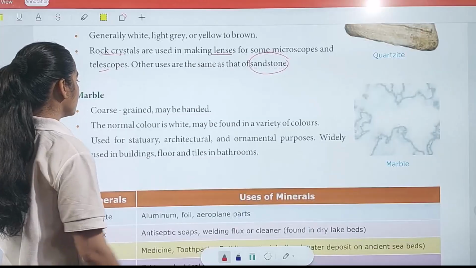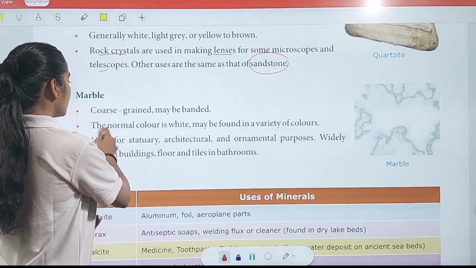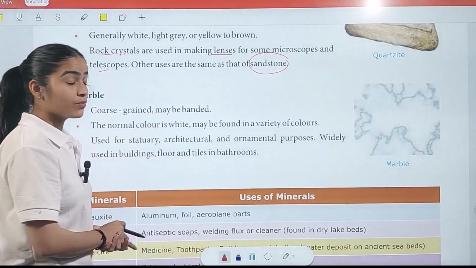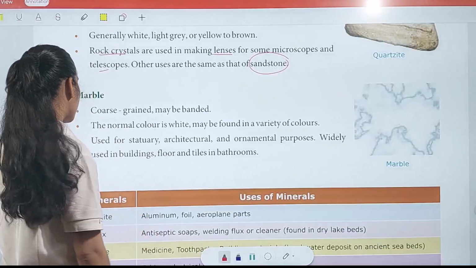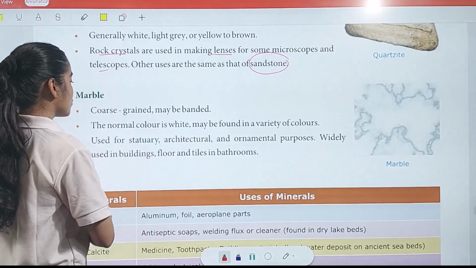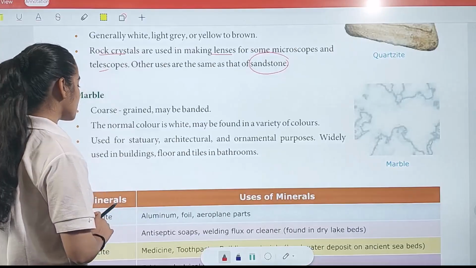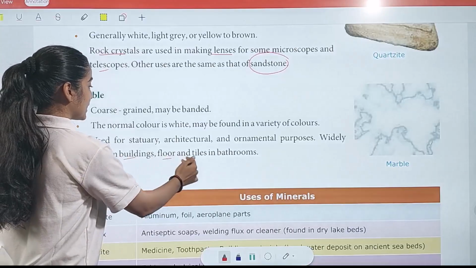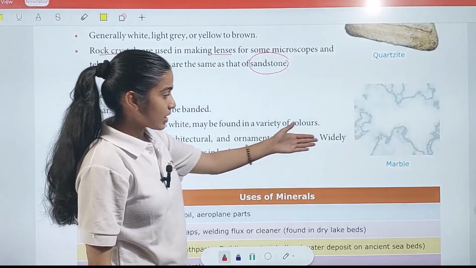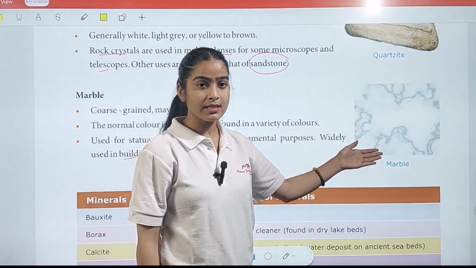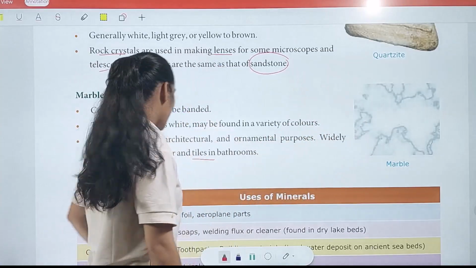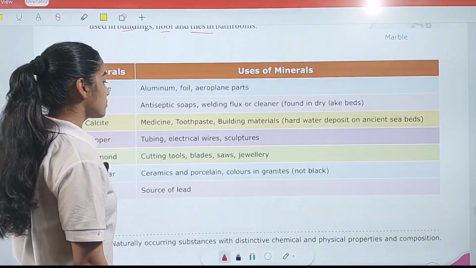Next, we have marble, coarse grain, may be banded. The normal color is white, may be found in a variety of colors due to impurities, used for centuries for architectural and ornamental purposes, widely used in buildings, floors and tiles in bathrooms. So this kind of marble you generally see in your bathroom tiles, right? This is your marble.